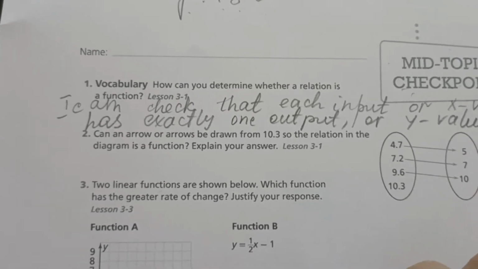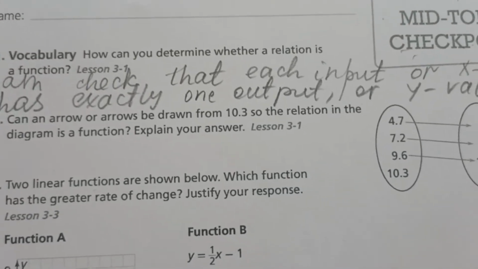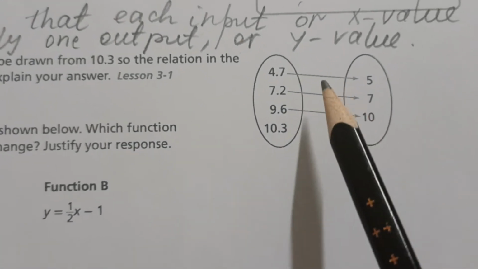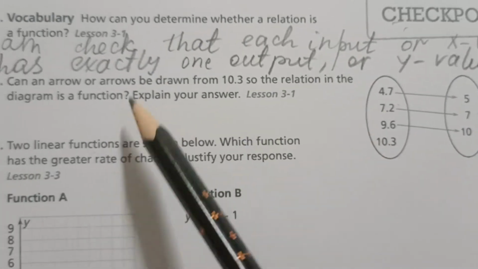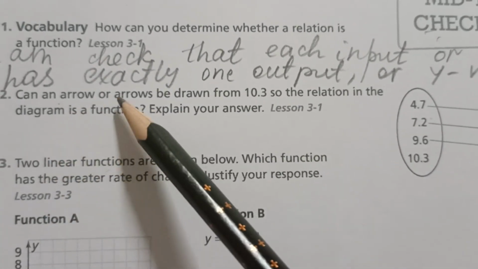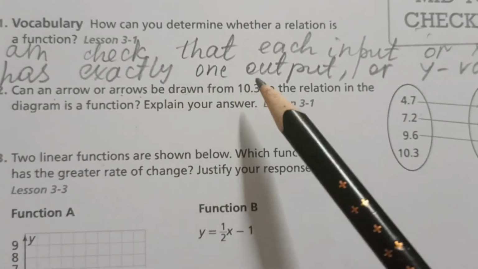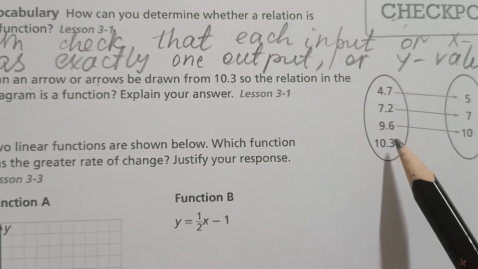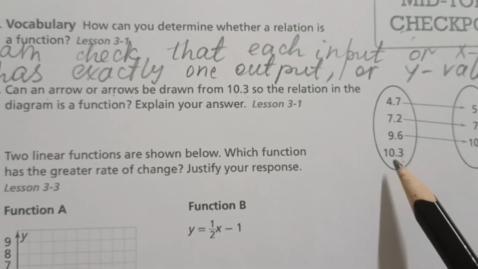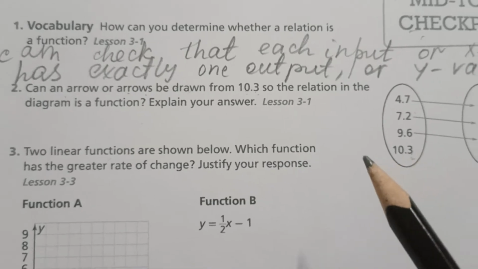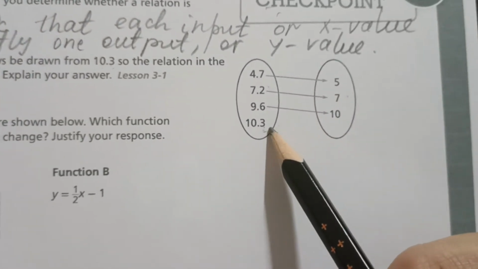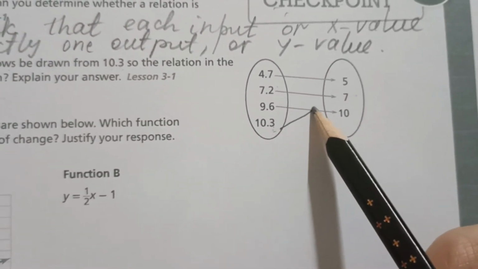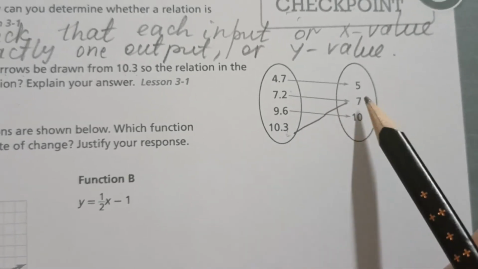And that's why I want you to write it. Okay, so number 2, you can see the arrow diagram, and the question is, can an arrow or arrows be drawn from 10.3? So the relation in the diagram is a function. If we draw any line, for example, like this, is it a function?